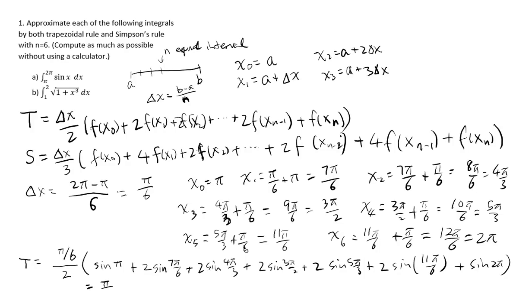Okay, so it's pi over 12. Sine of pi is 0. This is negative 1/2, so it will be 0 plus 2 times negative 1/2.